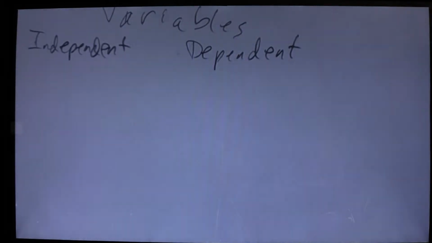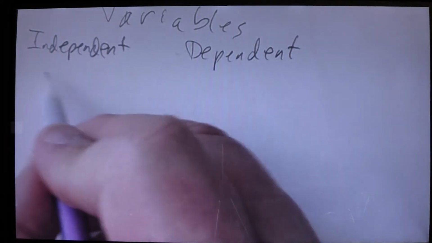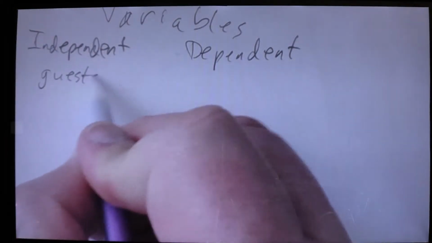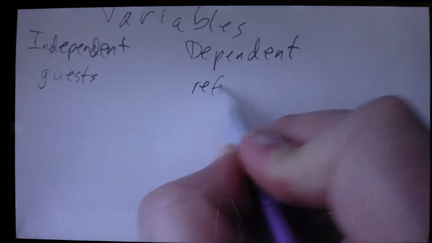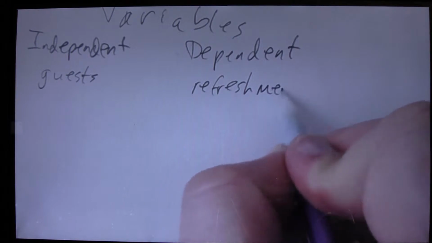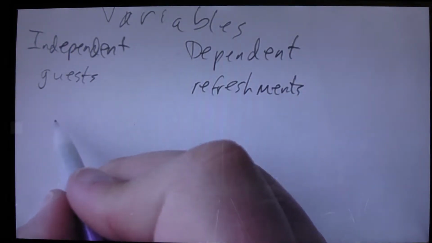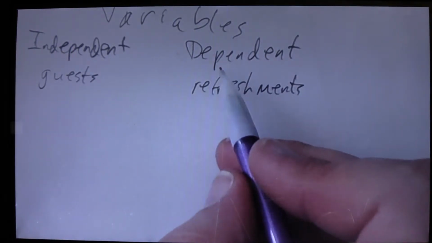Let's say that I am having a party. In this party, if I have a certain number of guests, then I have to think about refreshments. For instance, we'll talk about pop.